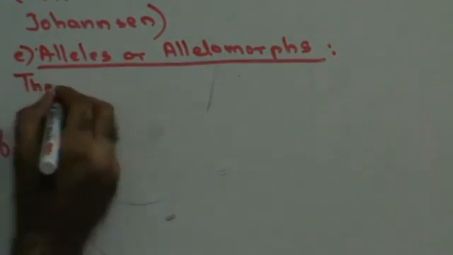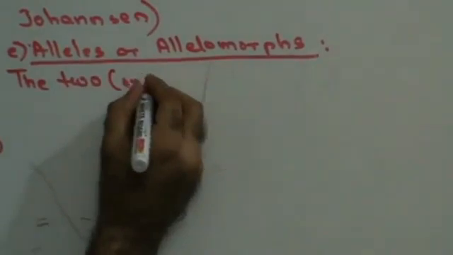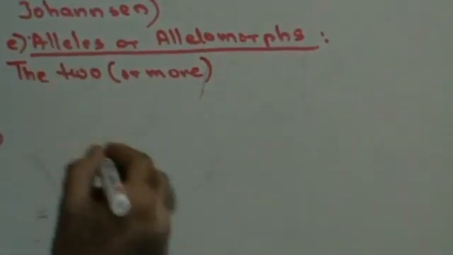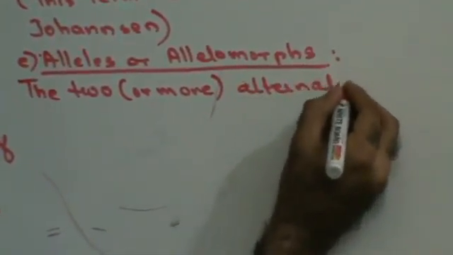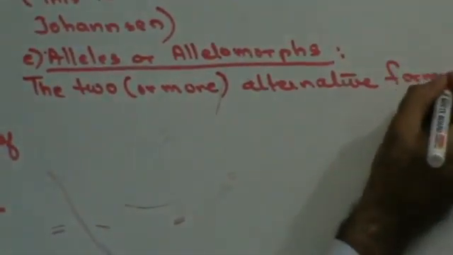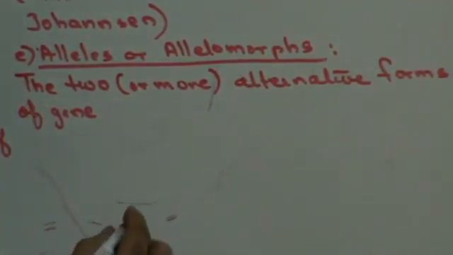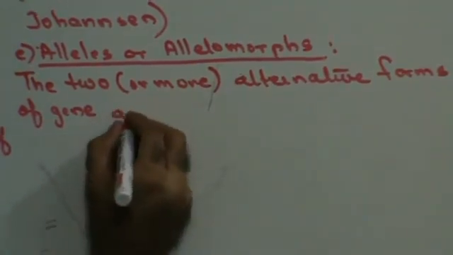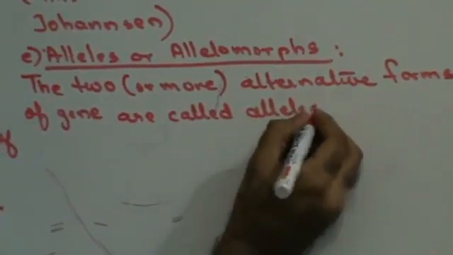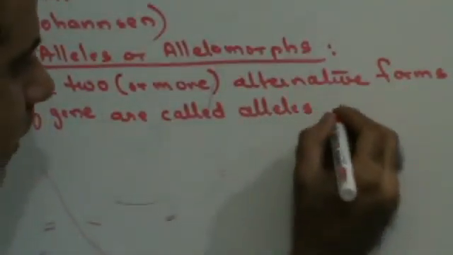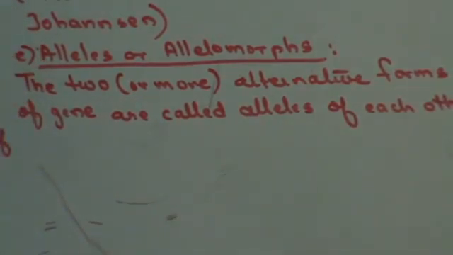It could be two or more. The two alternative forms of a gene are called alleles of each other.